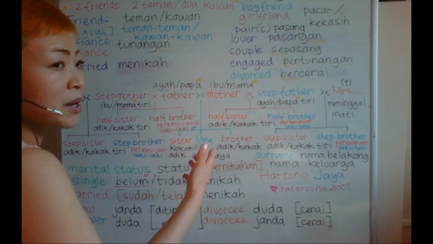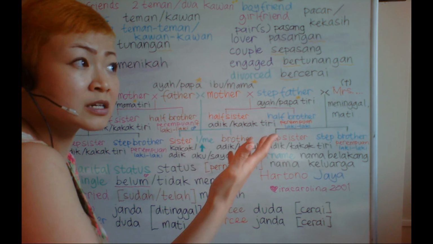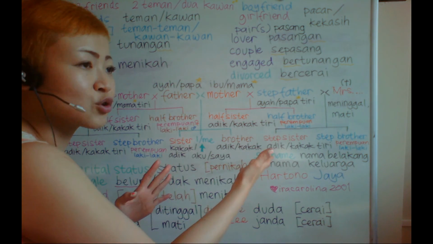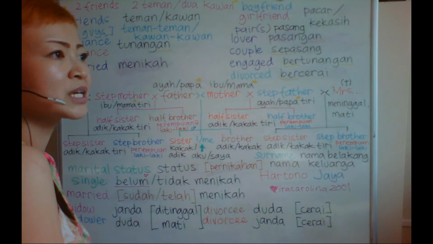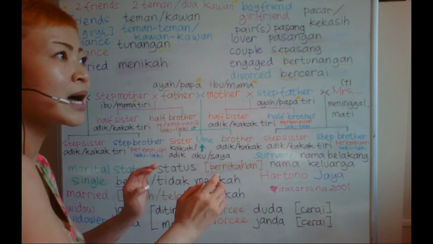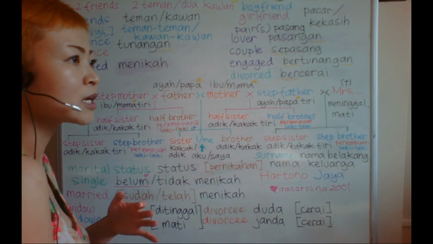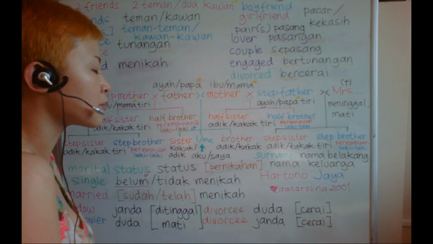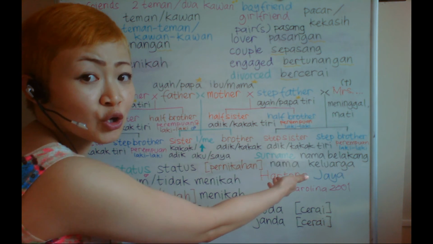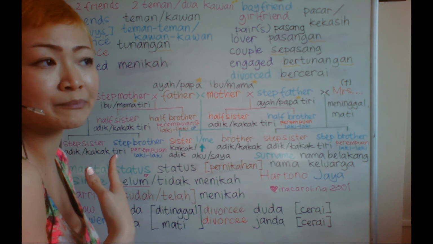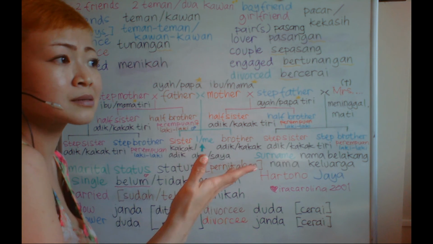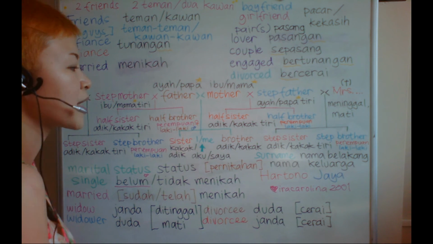My dad's name is Hartono, but his surname is blah blah blah. And for me and my younger brother, he gave us his name Hartono as our surname. So my father's surname is different from his children's, mine and my brother's.